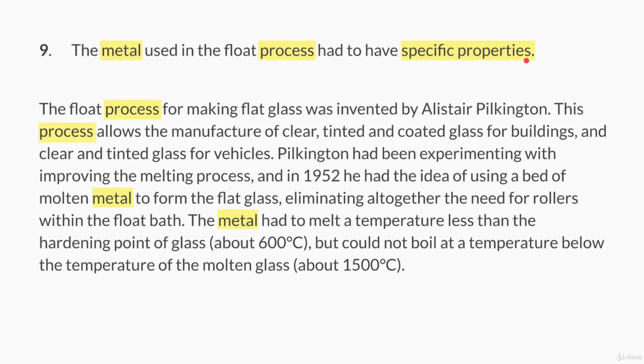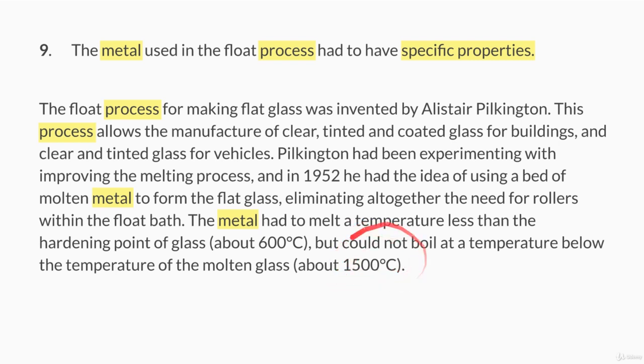It does not mention the word properties, but it is using synonym language, because instead of using the word properties, it is giving me an example of property, of several properties in fact. Properties like something that melts at a temperature less than 600 degrees Celsius. It also says that it cannot boil at a temperature below 1500 degrees Celsius.